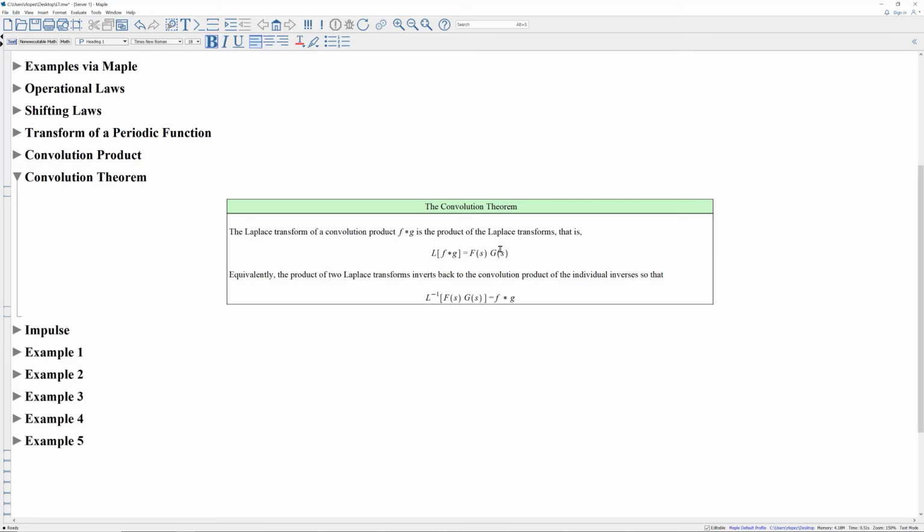And what good is that? Take the inverse on both sides. So I've switched these two sides. If you invert this Laplace transform, you end up with the convolution sitting here. And so this is a recipe for finding the convolution. You get the transforms of the individual factors, multiply those functions together, and invert that product.